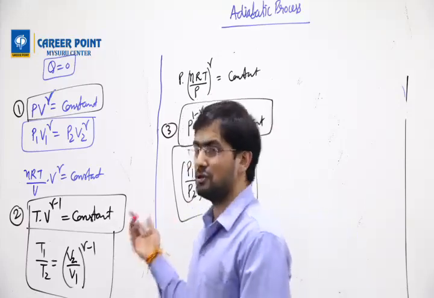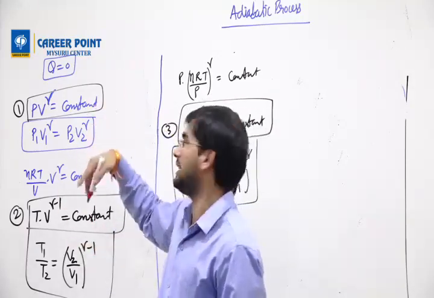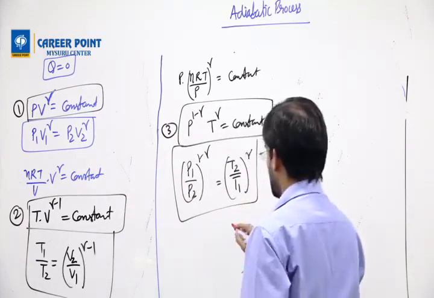But we were not able to do this. We were solving Q, W, H and U, right? So Q I have done, W I am going to do now.